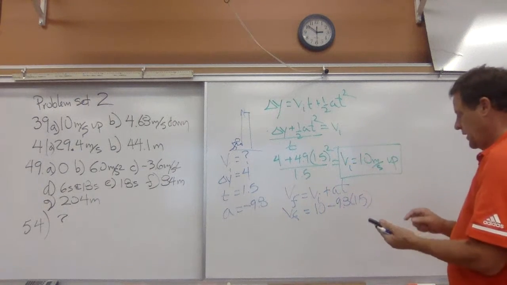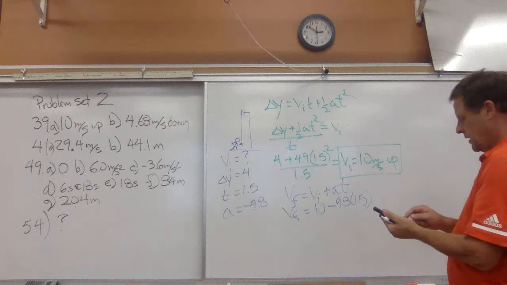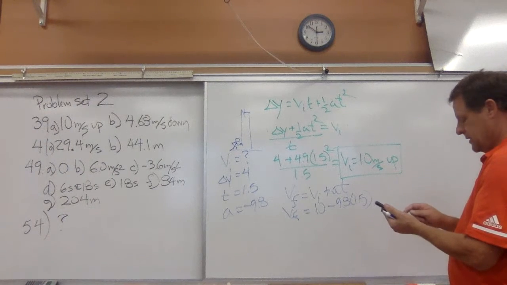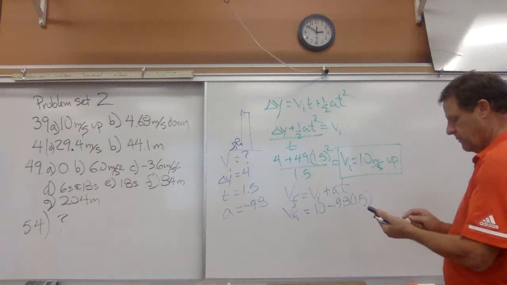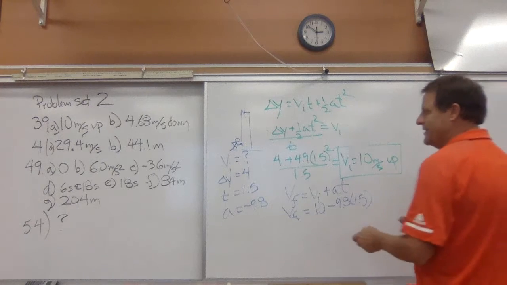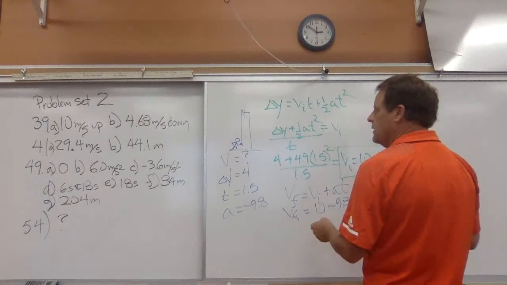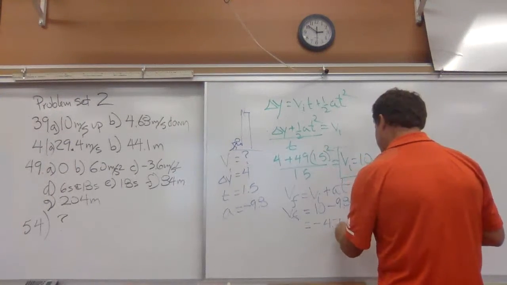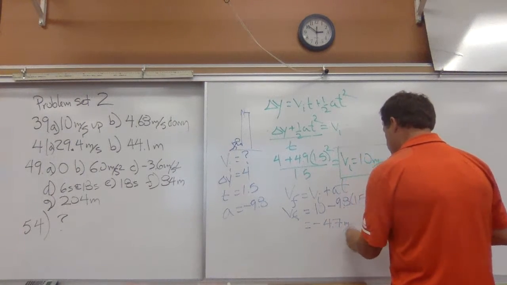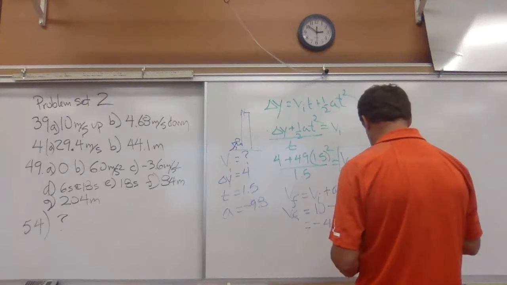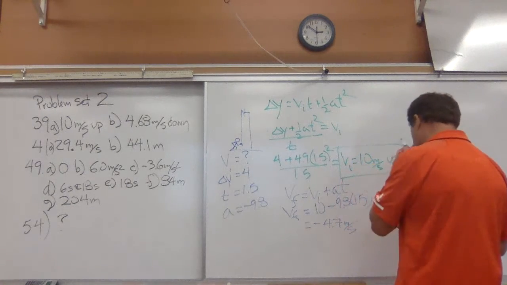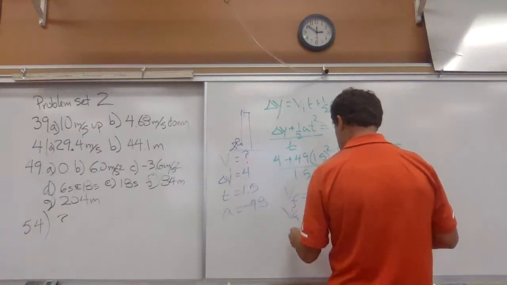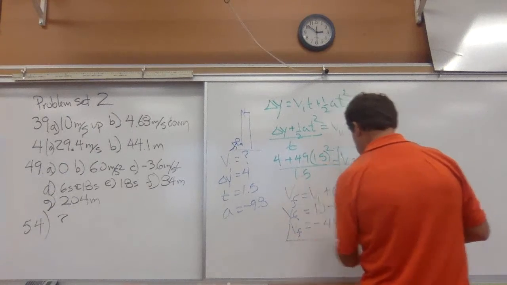So we're going to say 10 minus 9.8 times 1.5, and that is going to give us negative 4.7 meters per second. And that's going to be our v final.